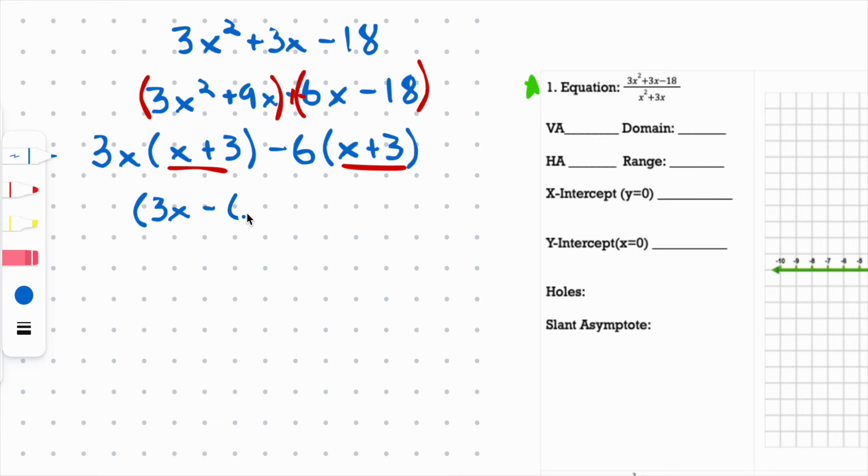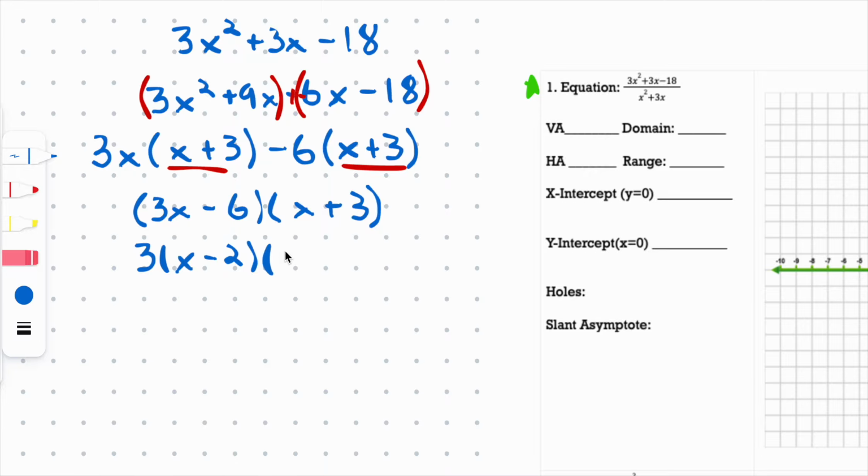3x minus 6, x plus 3. And actually, in this case, I'm going to factor out a 3. We probably should have done that at the very beginning. That would make this entire thing a lot easier because we wouldn't even have to go through this. But it doesn't matter. I should have been more careful.